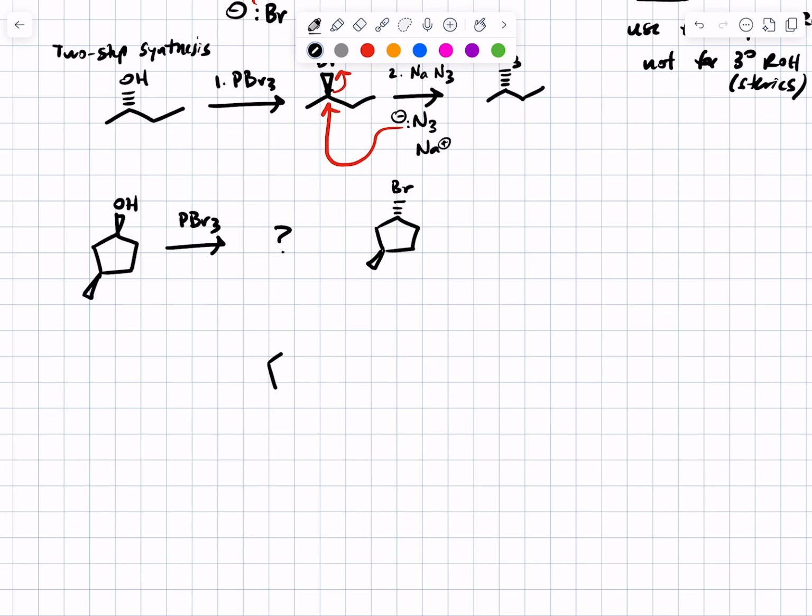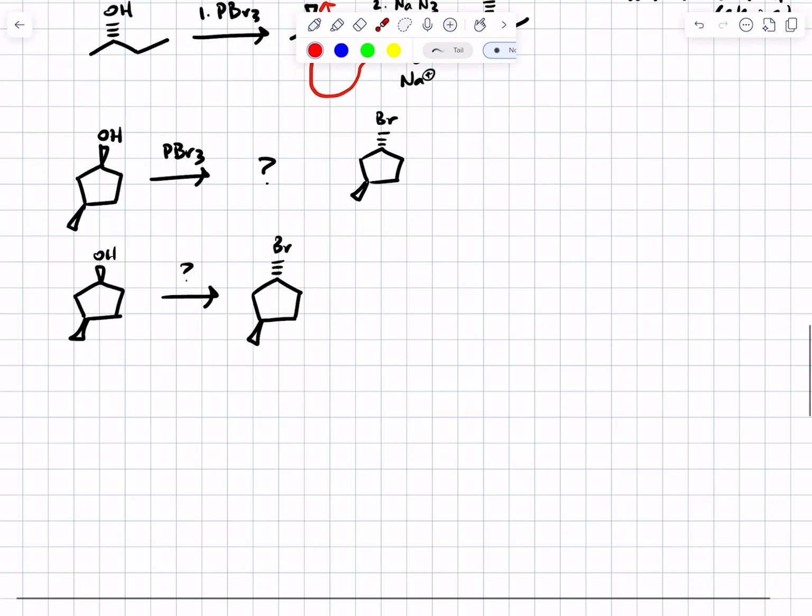Then an alternative way to test your understanding would be to show this product and the starting material. And then you have to know that the choice here is going to be between PBr3 and HBr. If you choose HBr, you won't get the pure enantiomer, so you need to use PBr3 to get inversion of configuration.